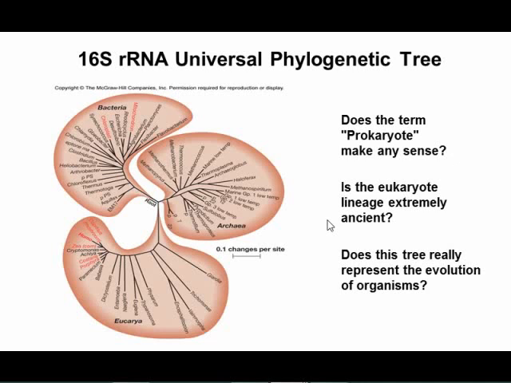And the other one is really the big question: does this tree represent the evolution of organisms? So it represents the evolution of ribosomes, in fact. Can you always say this is the same as the organism that carries the ribosome? Most people would say yes.